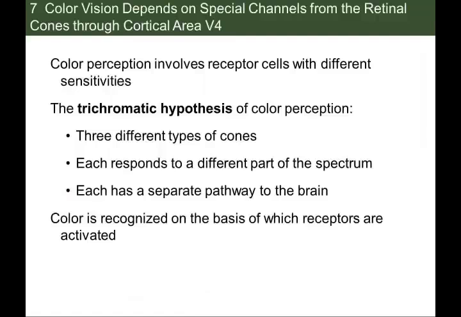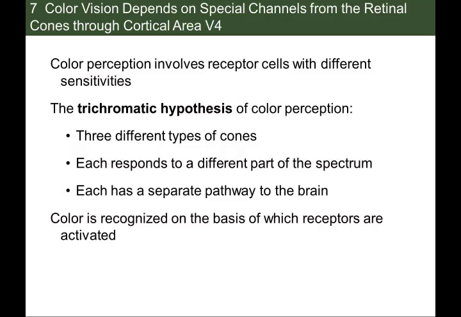Okay? And some 100 years later, somebody else came up with another theory of how we perceive color, called the opponent process hypothesis of color. What that is, is that we have 4 unique hues and 4 opposite pairs.